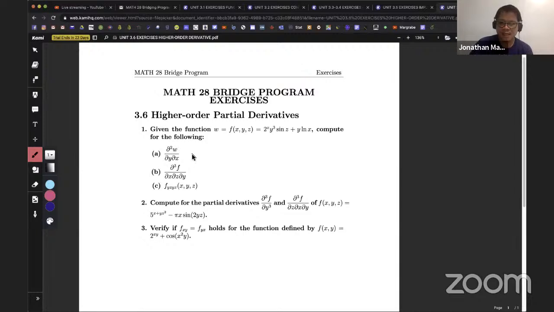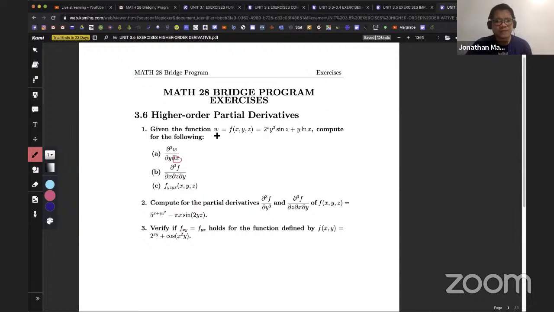In this notation, to get the second order partial of w with respect to y and with respect to x, the denominator is read from right to left. This means, from the function w, you first take its partial with respect to x.